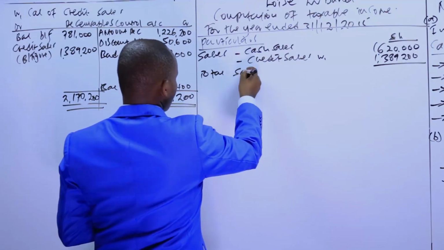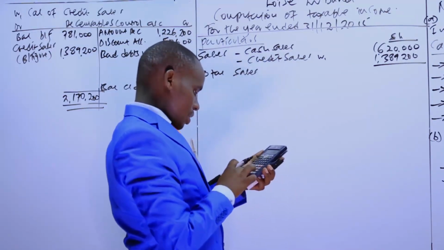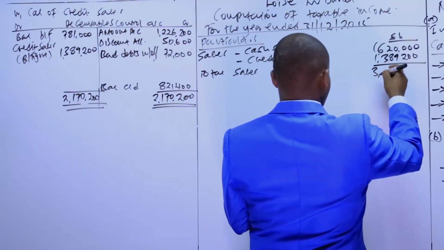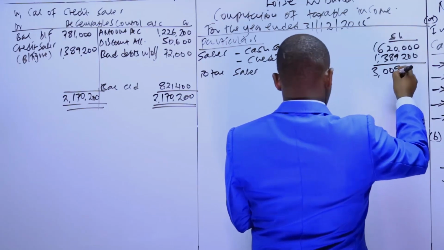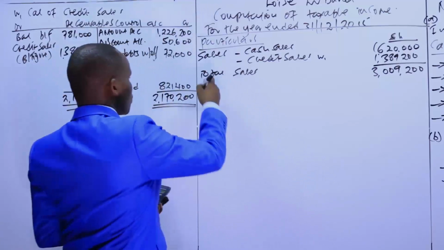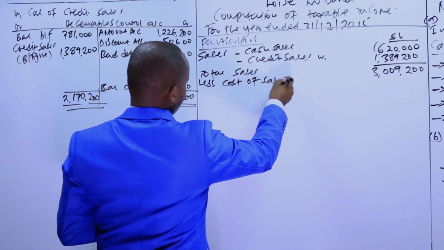Then I get total sales: 1,389,200 plus 1,620,000 gives 3,009,200. Then from there, you less cost of sales.